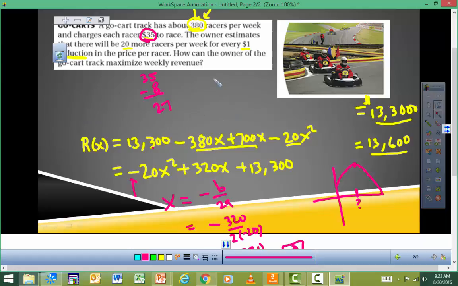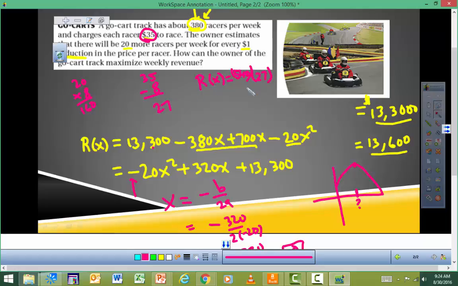So my new price is going to be $27. But notice how many customers did I increase? Notice I get 20 each time. So if I take 20 and multiply it by 8, I just gained 160 customers, right? So 380 plus 160 gives me 540.